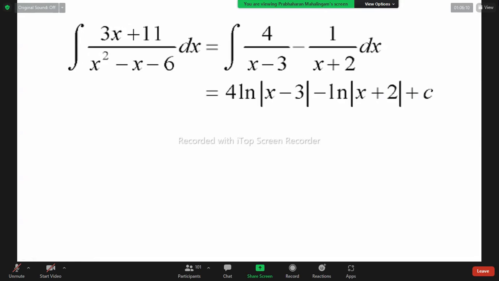But take this denominator as a fraction factor, and here they put minus, right?